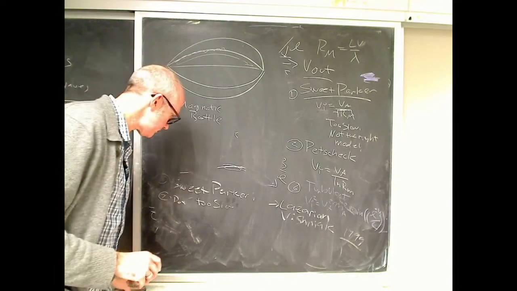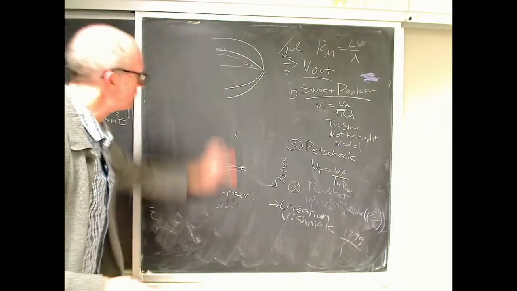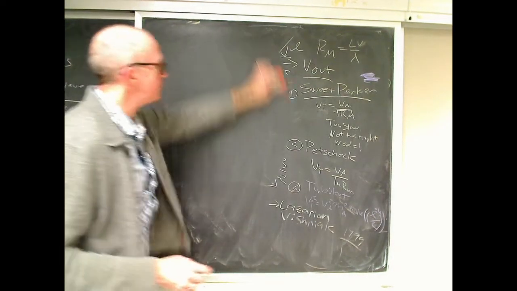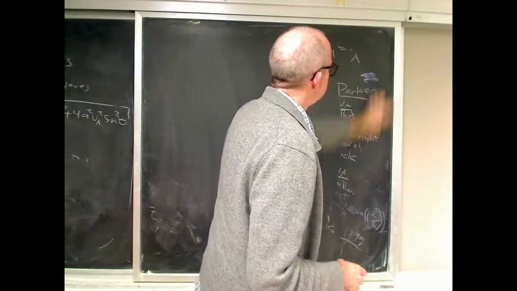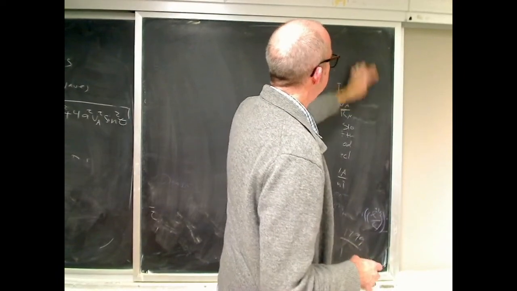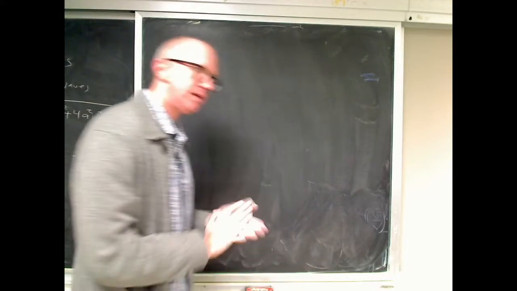So the last question that I want to talk about is, where do magnetic fields come from in the first place? Why does the sun have a magnetic field? And it's not because there are giant currents. There are giant currents, but they're not what make the magnetic field. The magnetic field makes itself.